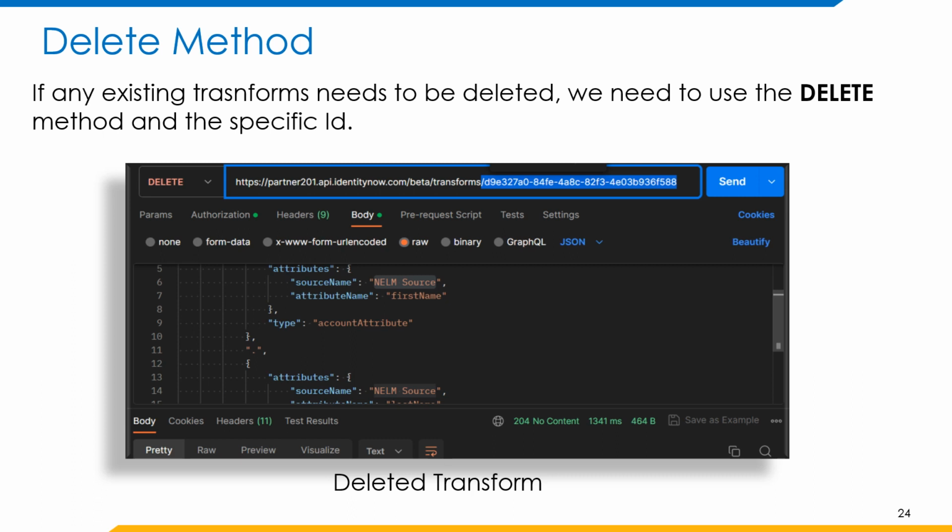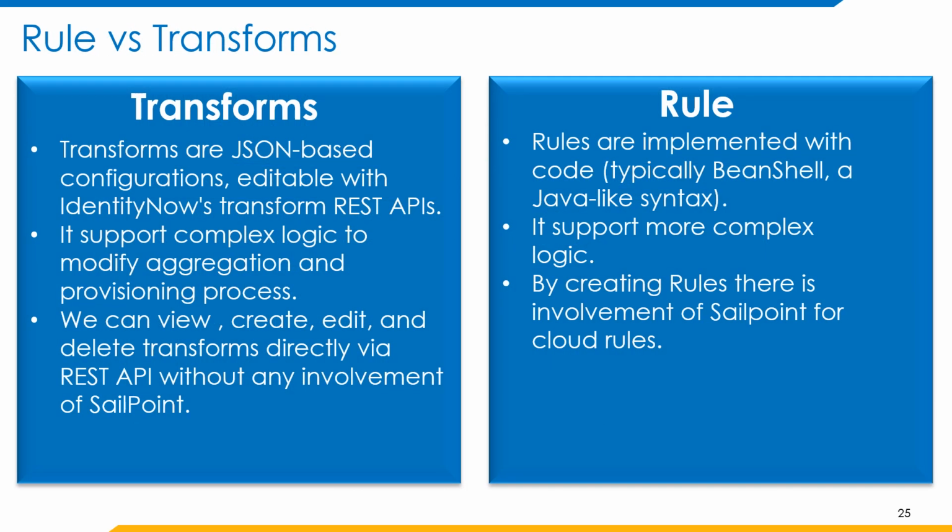In the last slide, we will be understanding the difference between a rule and a transform. Transforms are JSON based configurations editable with IdentityNow REST APIs. Rules are implemented with code, typically BeanShell, a Java-like syntax.